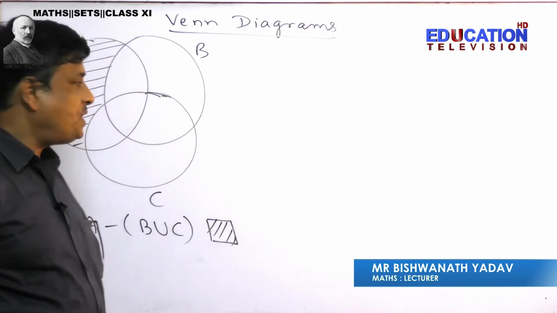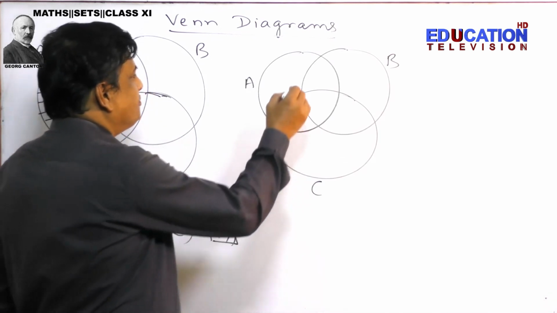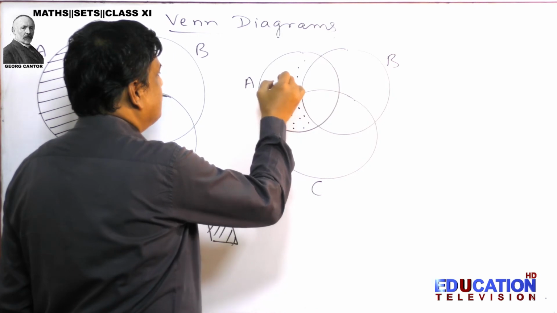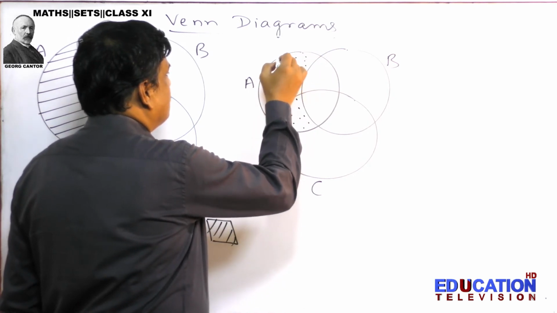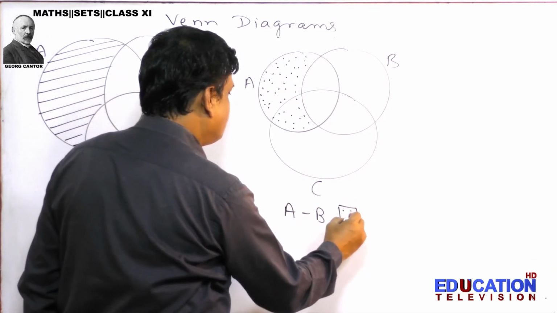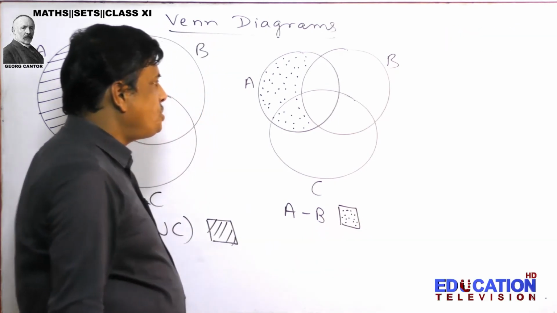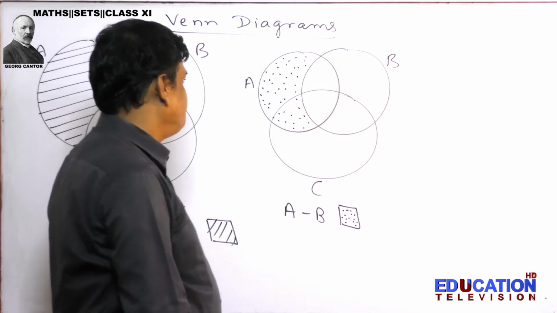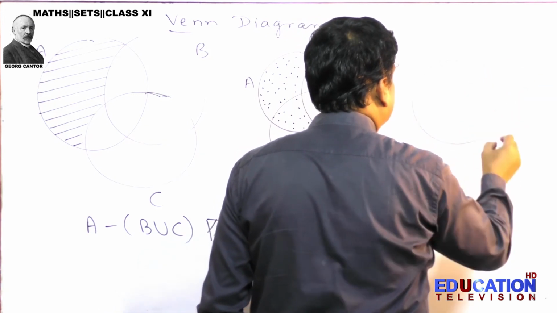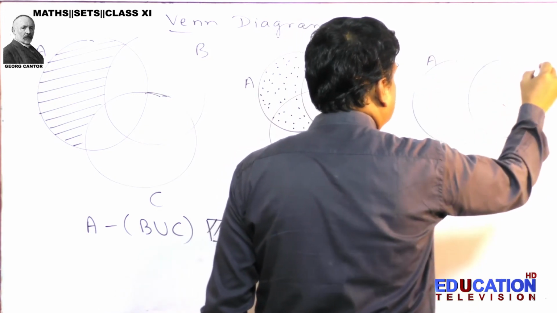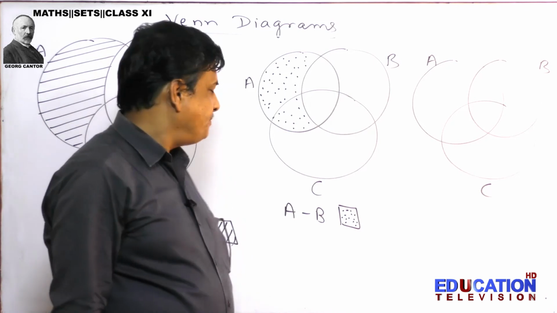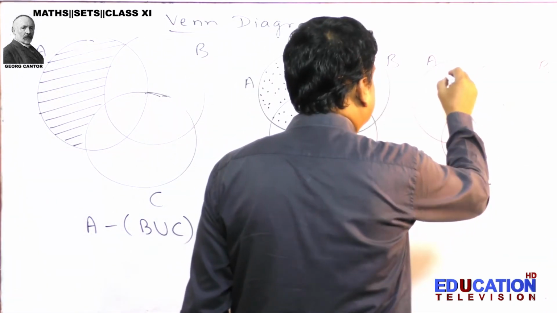So this is the remaining part of set A. A minus B. This part is of A minus B. A minus C.